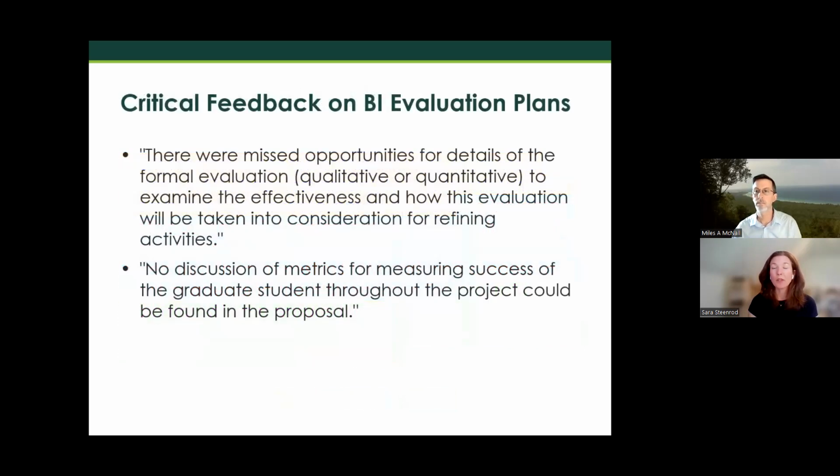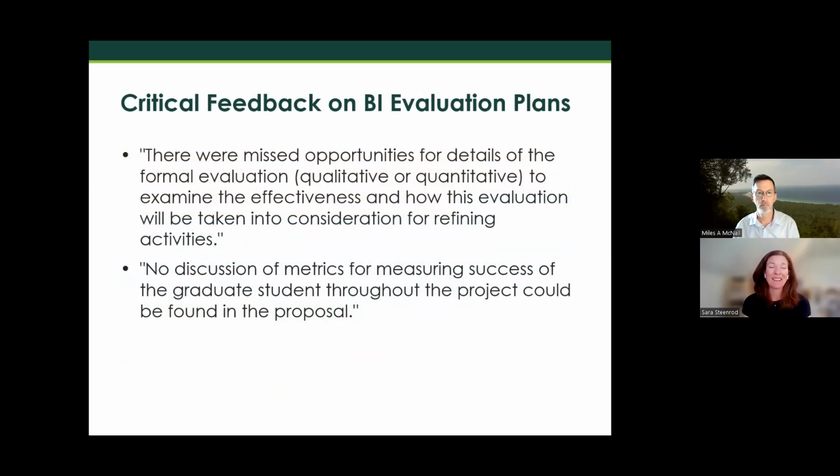So reviewers really do care about strong BI evaluation plans. For example, these are actual critiques from proposals that weren't funded. Let's go through them quickly. The first states that there were missed opportunities for details of the formal evaluation, qualitative and quantitative, to examine the effectiveness and how this evaluation will be taken into consideration for refining activities.